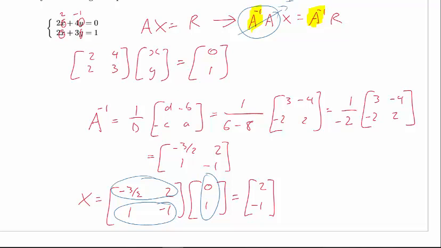The other way you can check it is to simply multiply the matrix A times X to see if you get the resultant, right? Because that's how it should be. And so A, once again, 2, 4, 2, 3.